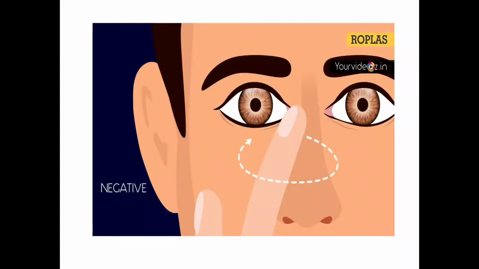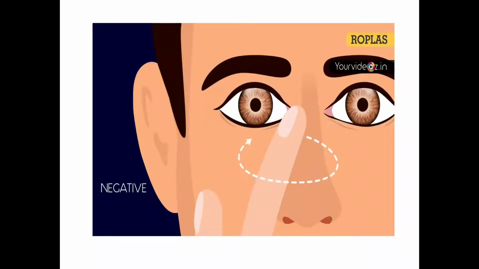We have to press below and medial to the medial canthus, and we have to observe whether any fluid, whether watery, discharge, or sticky fluid, comes through the punctum. If any fluid comes through the punctum, that means the regurgitation test is positive. That means there is some obstruction in the lacrimal system, and that is causing discharge or watering to accumulate in the lacrimal sac, and that is causing a positive test.